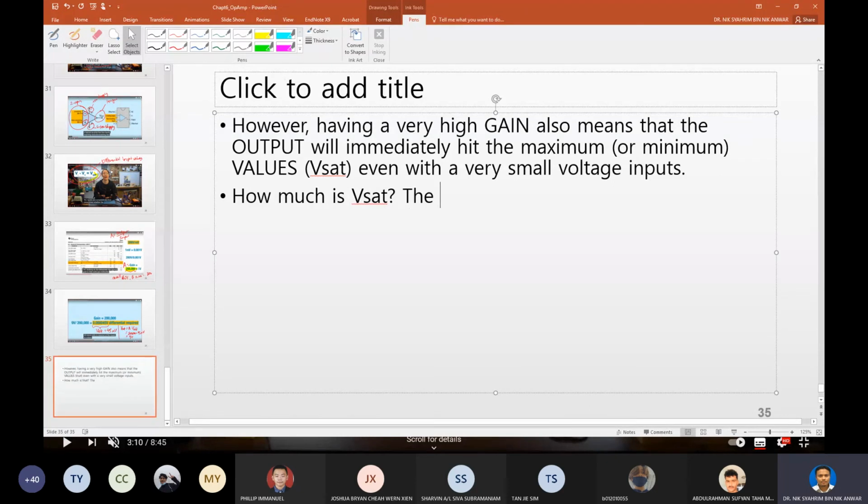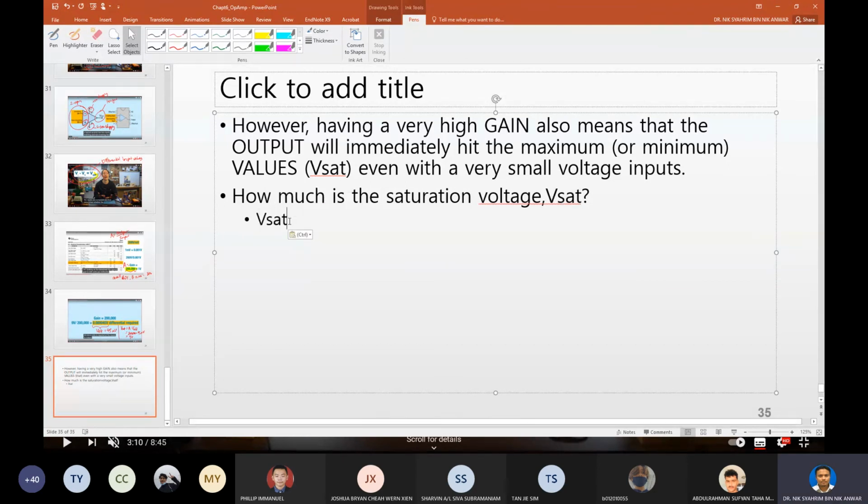So how much is the saturation voltage? The answer to that question is the VSAT.